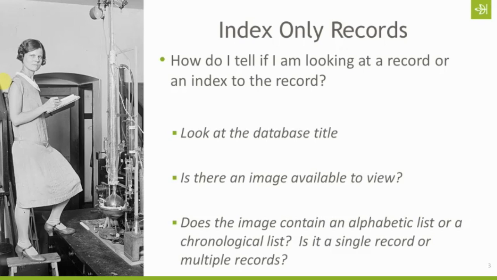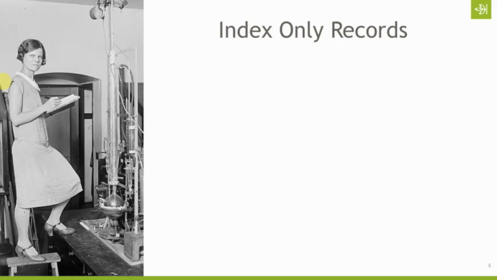And so it may look like an index, okay, because it's just a bunch of entries. But pay attention to whether it's alphabetical or chronological. If it's chronological, chances are you are looking at an original record or a hand copy of the original record. And that may be as close to the original as you're going to be able to get.